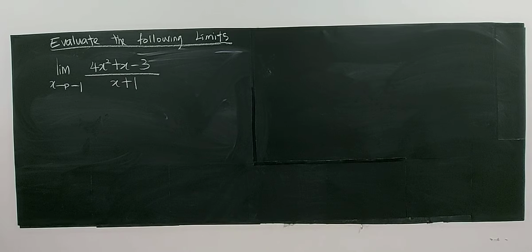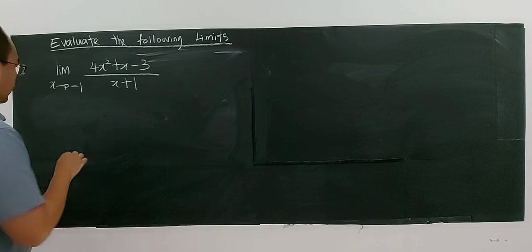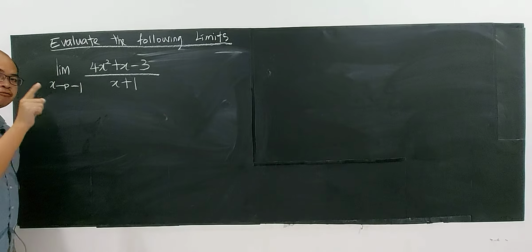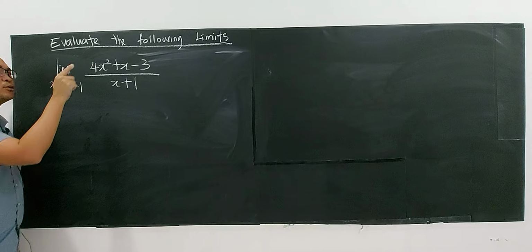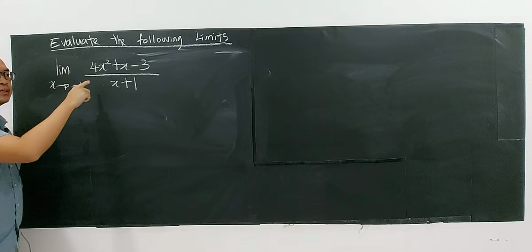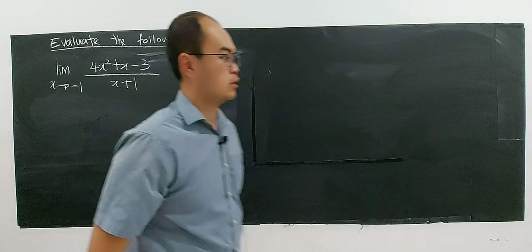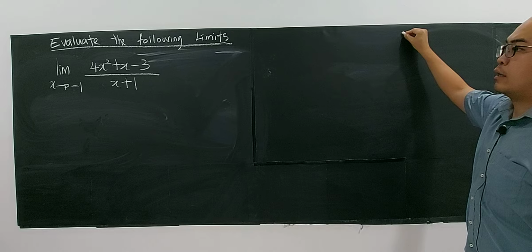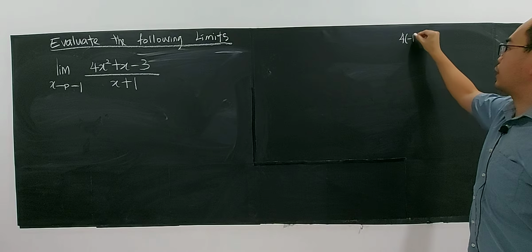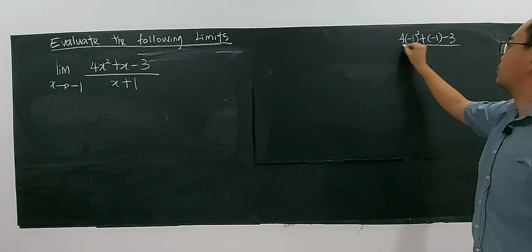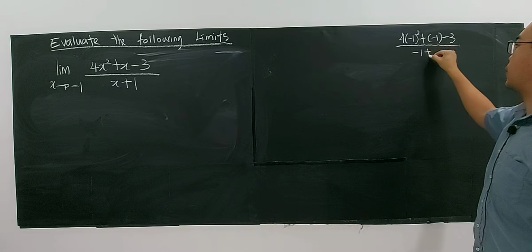Alright, let's continue with this example. As I told you, if you want to evaluate a limit, at first you must directly substitute the value into the function as a test. As a test here, we substitute negative 1 into the numerator and negative 1 plus 1 into the denominator.